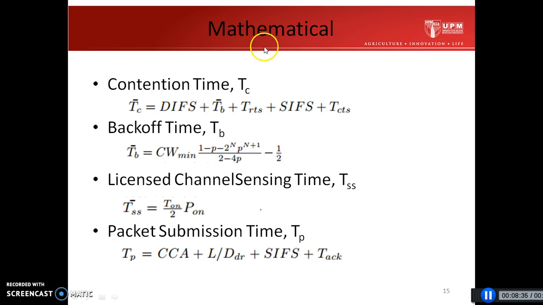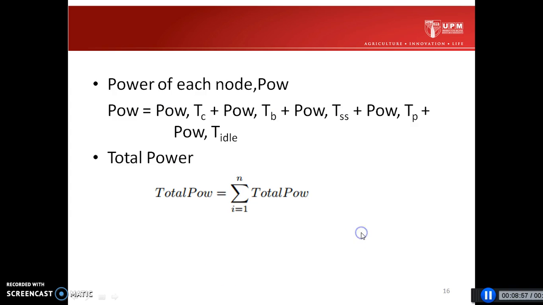And this is my mathematical model, where you can see each of it has a time taken for contention, time taken TC, where you can see the formula over here, and the backoff time TB, and the licensed channel sensing time, and the packet submission time. And next, from the above time taken, we can get the power of each node, POW.